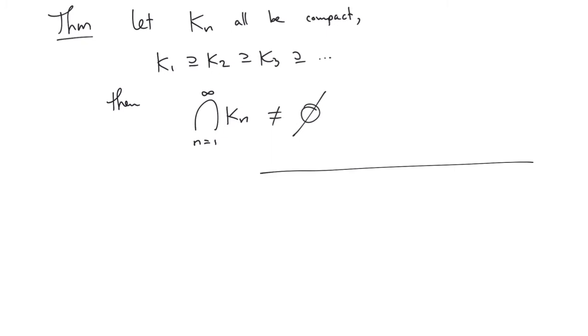Maybe it has a part which looks like a closed interval. Whatever it is that I'm drawing here has to be closed and bounded. Maybe it has a few individual points, because that is okay in a closed set. And then maybe it has these guys also. So here's a picture of maybe what K1 might look like. This is a compact set made up of 3 separate closed intervals plus 3 extra points.